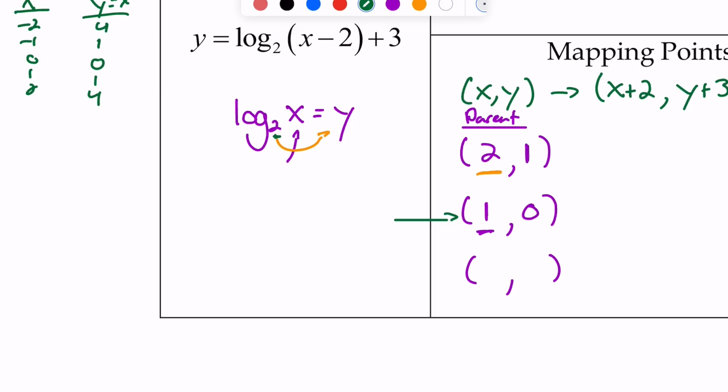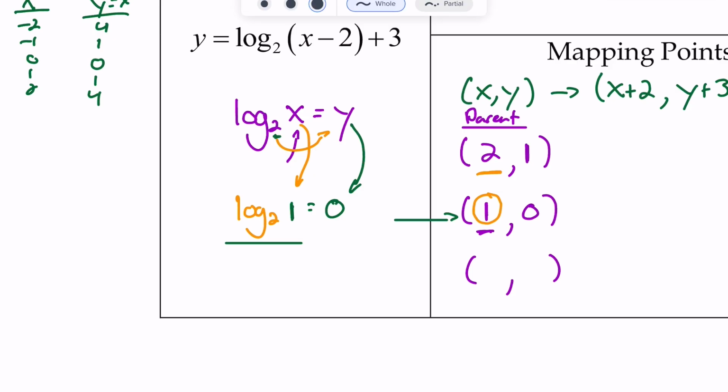When you go log base 2 and the x I've chosen is 1, I'm plugging in 1 right here. Log base 2 of 1, what do I get? You get 0, right? Your y is 0. It's tough because in order to get these points, you have to always be thinking like exponentials, okay?